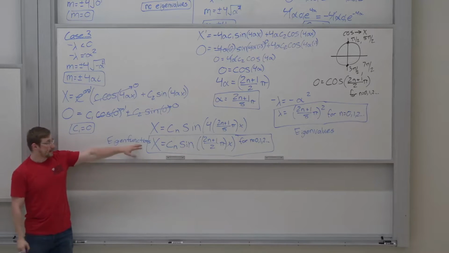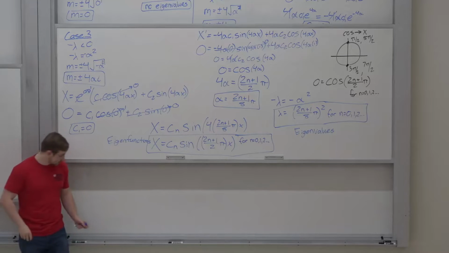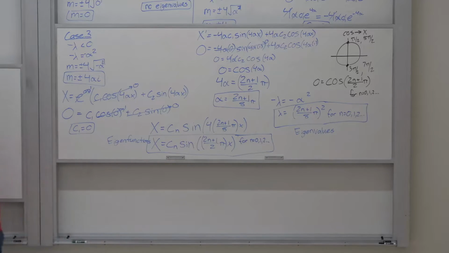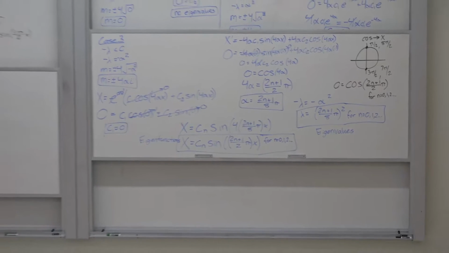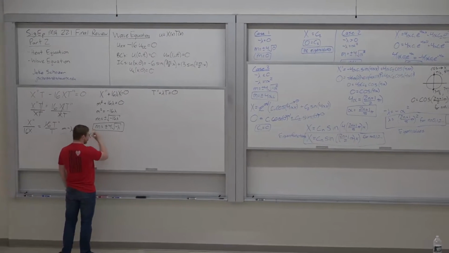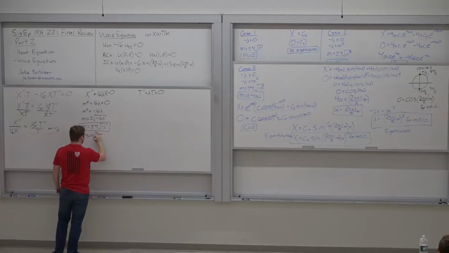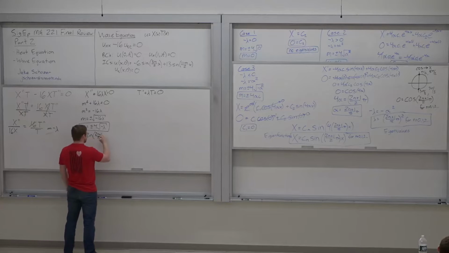So now, we did all of this to figure out what's our function of x. That's a solution. Just so I can bring it back over here and say that x is equal to c sub n sine of 2n plus 1 over 2 pi times x.